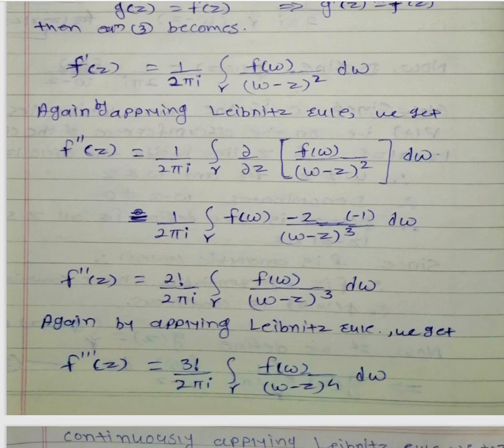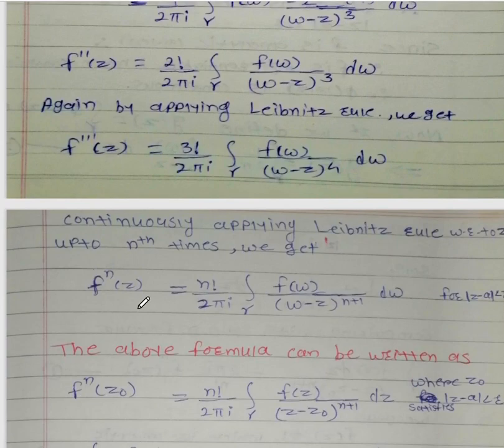If you apply the Leibniz rule again and again up to the n-th term, continuously with respect to z, then we will get the n-th derivative: f to the power n of z equal to n factorial upon 2 pi i integral over gamma f of w upon (w minus z) to the power n plus 1 dw, for mod z minus a less than r. So this is the final result, the proof of the Cauchy higher order derivative formula.